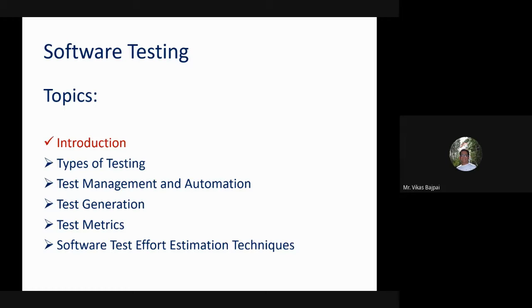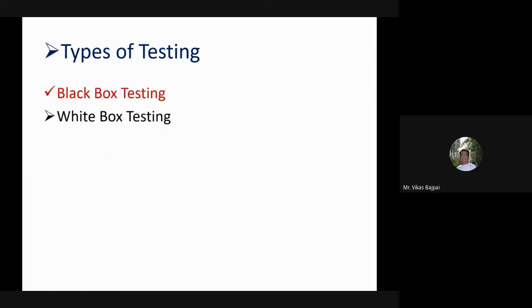So let's start today's discussion. In the previous discussion, we were talking about black box testing, where we said that in case of black box testing, I only need the executables. There isn't any need of code.